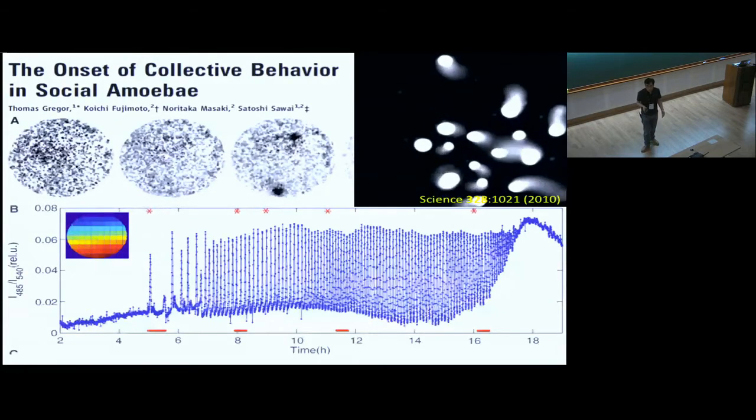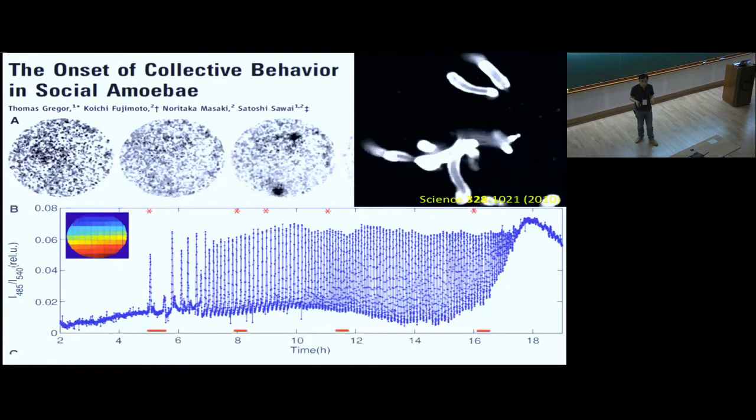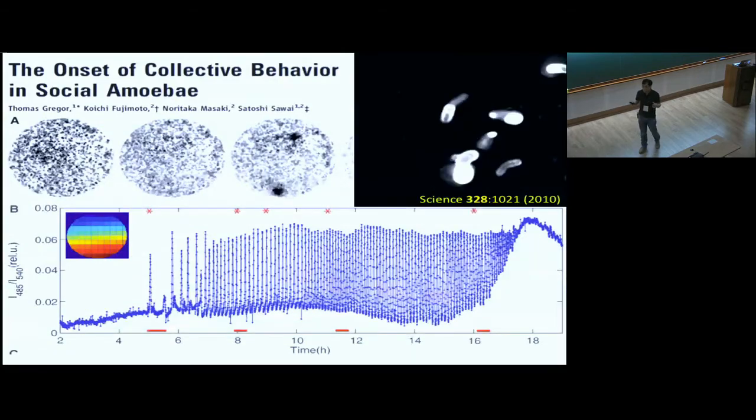So this oscillation actually serves as so-called quorum sensing. So it's a way to detect how many other cells are in the neighborhood. And then when there's enough density, they start to aggregate, move in a particular direction, and eventually they can form the aggregate.